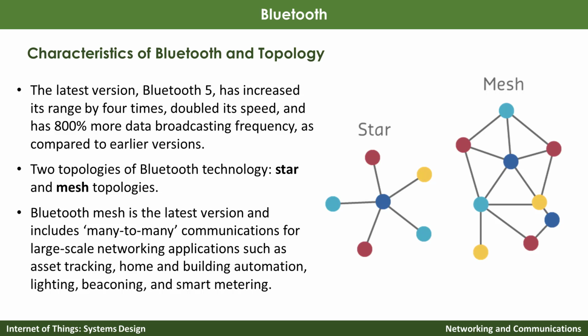Typically what we see is a star formation, for example your laptop or a mobile connected to other peripherals like headsets or thermostat or printer or whatever other devices. But mesh allows one device to connect to many devices, creating many-to-many communication, and they support applications such as asset tracking, home automation, and smart metering.